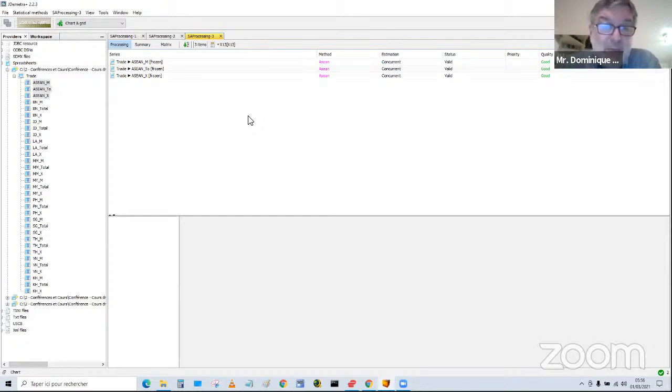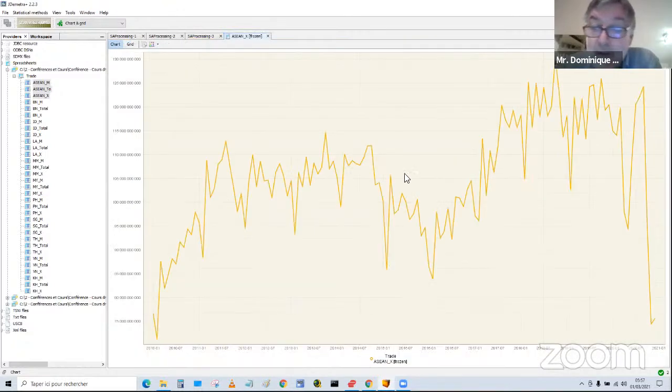Okay, what can we do now? I told you I would check the exports, for example. So here are the exports for ASEAN. We have roughly the same structure, but we can see here what we didn't see in imports. It looks like the export series is more regular.